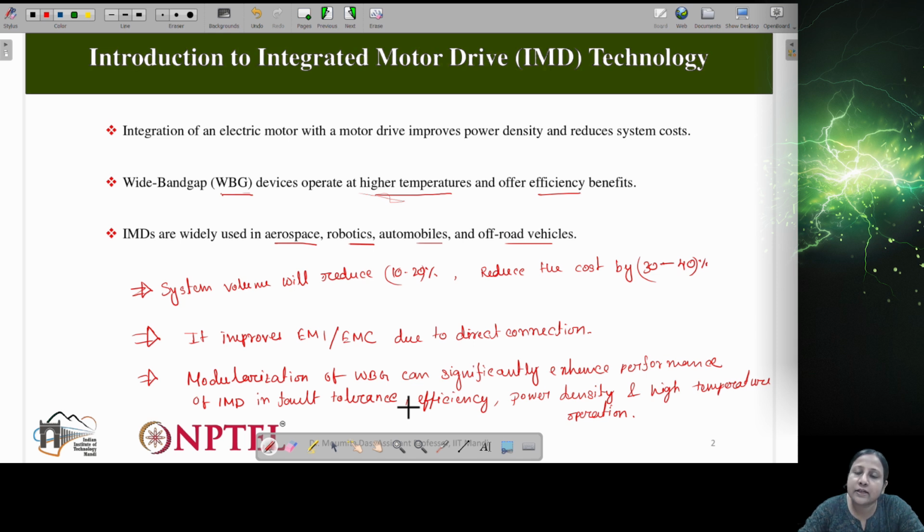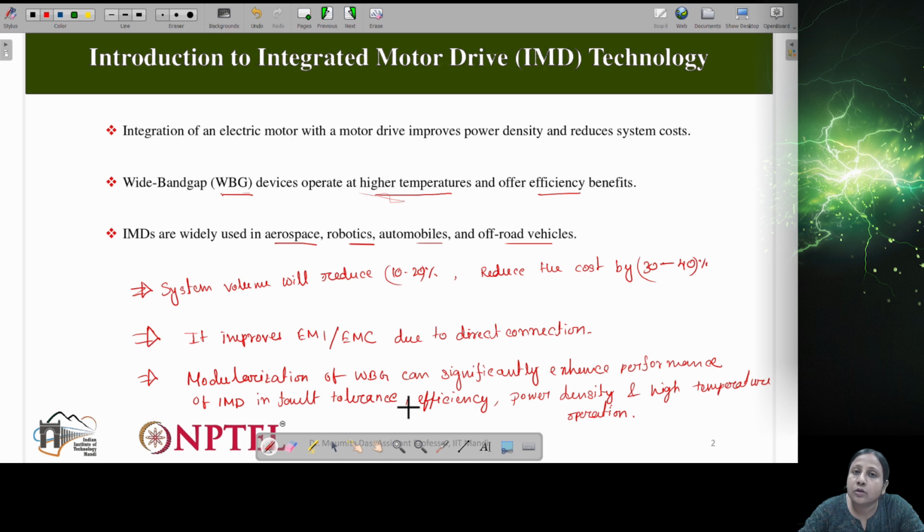Whereas for silicon devices it is mentioned as 200 degrees Celsius in the data sheet. It means the device can sustain up to that temperature. That means whenever the converter is operating, we need to control the overall converter temperature much below that level. Right? As I have discussed the temperature related issues in the devices.